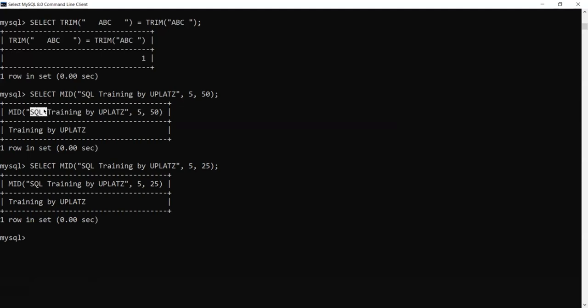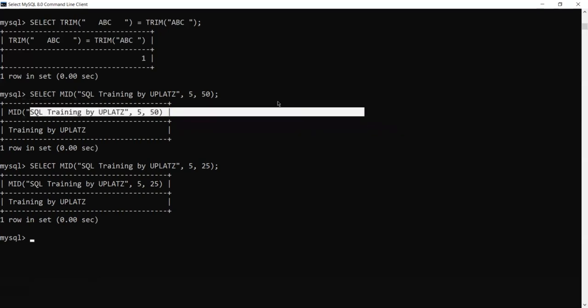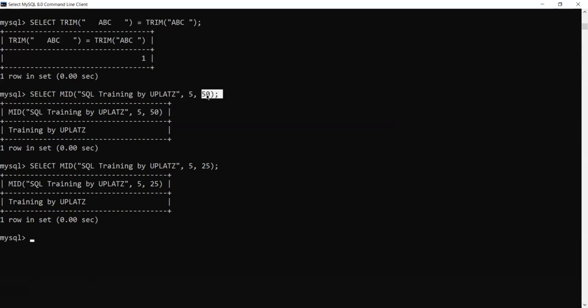There are some different functions that we will discuss, but for now, if you are using mid and this is a long statement for which you need to provide the length of characters, then it is okay to use a high number so that all the words are included, because here you're not concerned about the length of the sentence. You just want to extract training by uplats, that is the remaining part of the sentence. So even with 25 it worked, and with 50 also it worked.